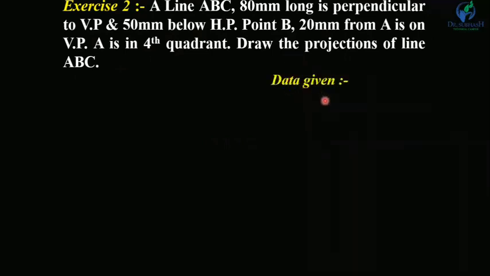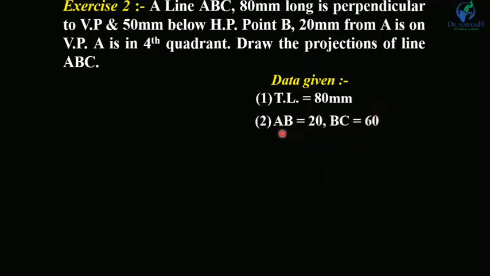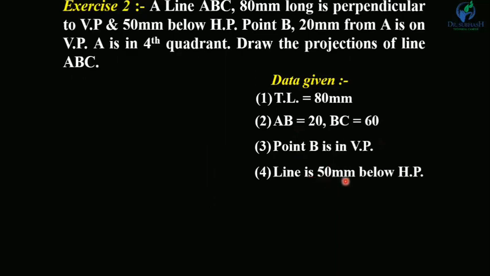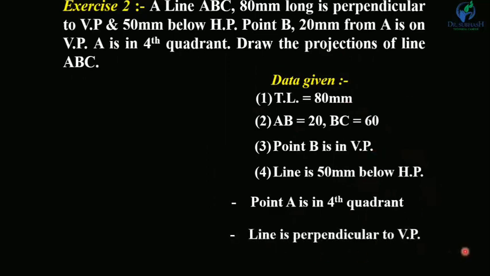First of all, given data: true length is 80 mm, AB is equal to 20 and BC is equal to 60 mm. Point B is in VP. The line is 50 mm below HP and point A is in the fourth quadrant. So these are the different data, and the line is perpendicular to VP.